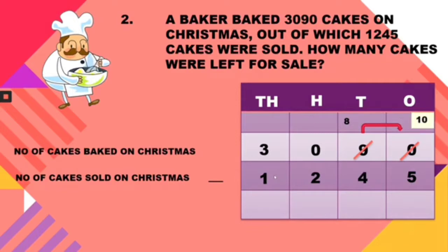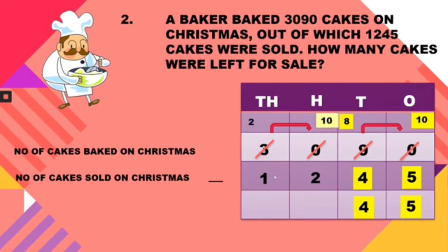So 10 minus 5 is 5 and 8 minus 4 is 4. Now 2 is greater than 0. So we borrow 1 from thousands place, leaving behind 10 at hundreds place and 2 at thousands place.